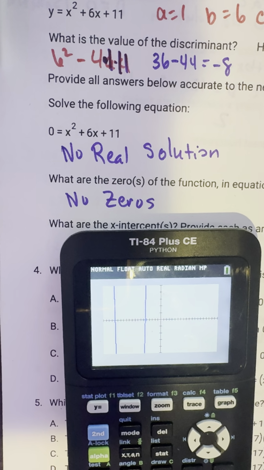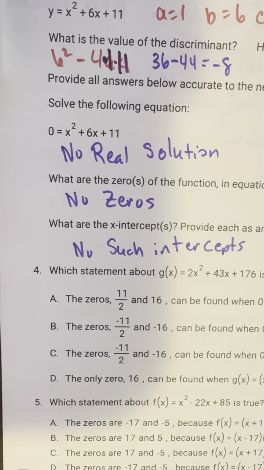And I turned off. So, looking at yours, are they both positive or both negative? Both negative. Okay, so both your solutions are going to be negative solutions.